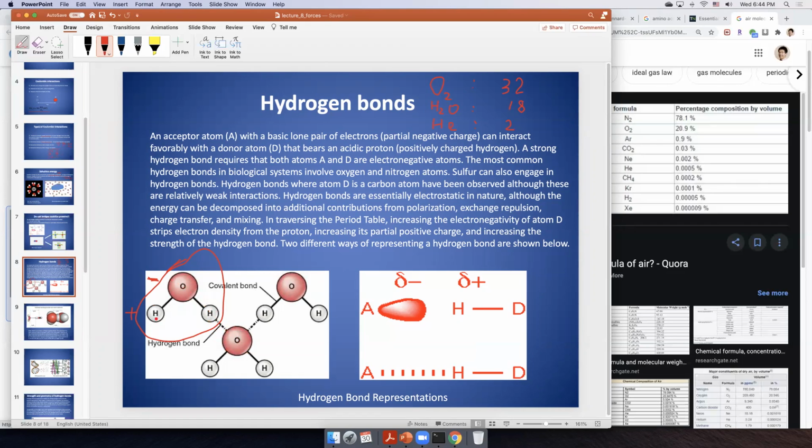Because the water molecule is so polar, in nature every water molecule will form hydrogen bonds with other water molecules. And the hydrogen bond makes water molecules attract each other much stronger than any other gas molecule. For example, oxygen molecules may get very far from each other, so it's in a gas state.